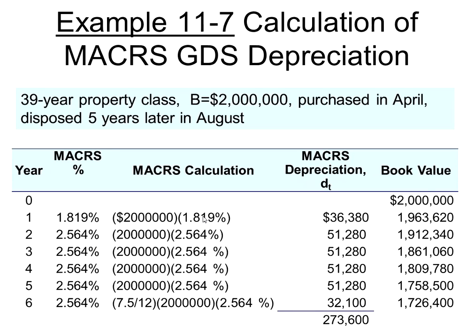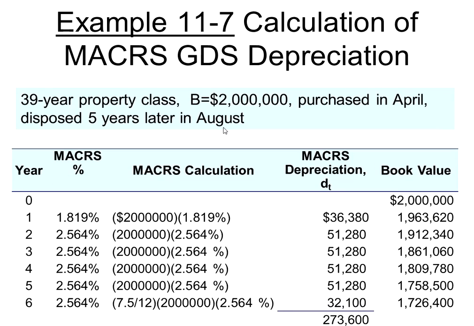And so notice when we do this MACRS calculation for the first 5 years, we are using this 2,000,000 multiplied by the percentage rate, and then for the last year, it was disposed in August. August is the 8th month, but this is the last month.